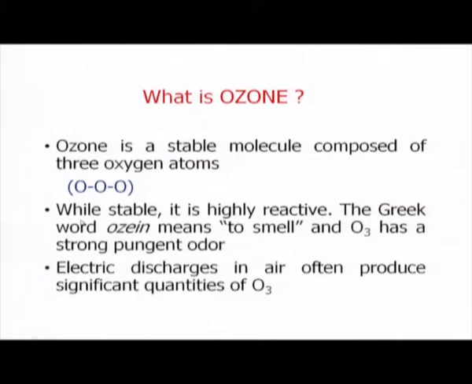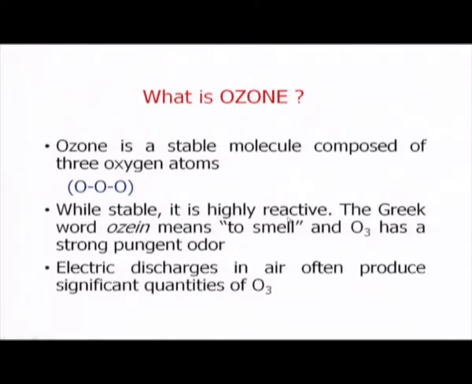Just to give you the background about ozone, chemically it consists of three atoms of oxygen combined together to form the ozone molecule. This is a relatively stable molecule, but it is a highly reactive oxidizing chemical. The word ozone is derived from the Greek word ozein, which means to smell, and it has a strong pungent odor.